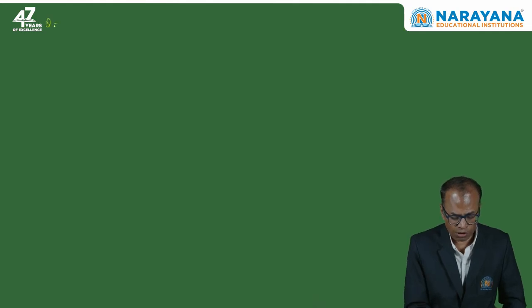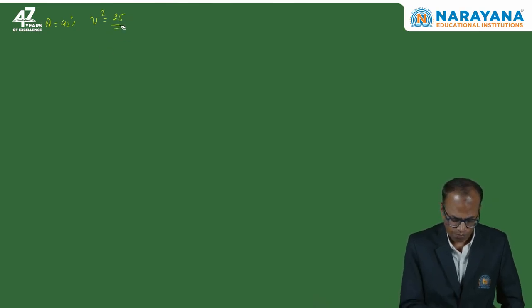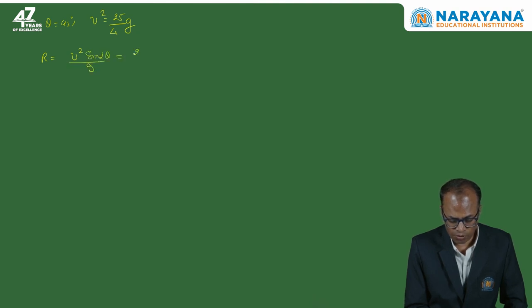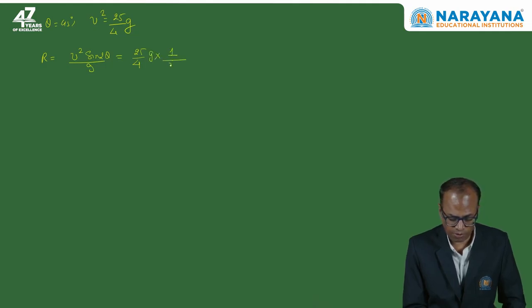For theta is equal to 45 degrees, speed we calculated as v square is 25 by 4 g. Now range is v squared sine 2 theta by g, which is 25 by 4 g into sine 2 theta will be 1 because theta is 45.